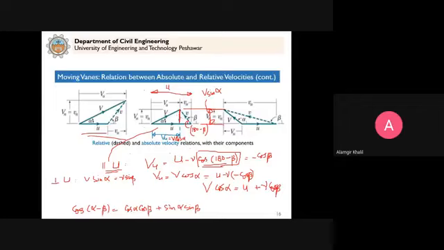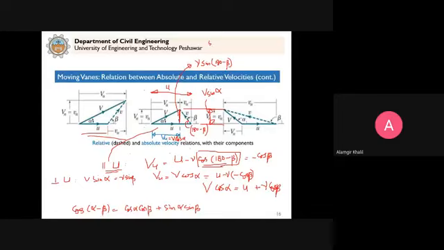This will be equal to this component here for the small case. This will be equal to v into sine of 180 degrees minus beta.